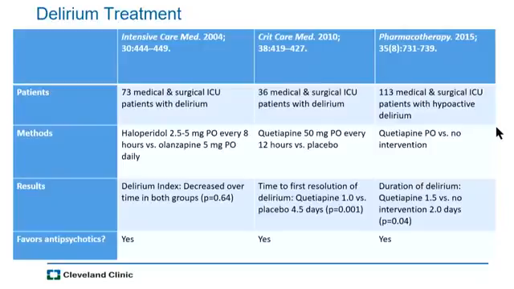And finally, in 2015, there was a study published that looked at medical and surgical ICU patients who had hypoactive delirium. This was a retrospective study, and this was looking at patients who received quetiapine versus those patients who had no intervention. The duration of delirium was significantly reduced in patients who received quetiapine.